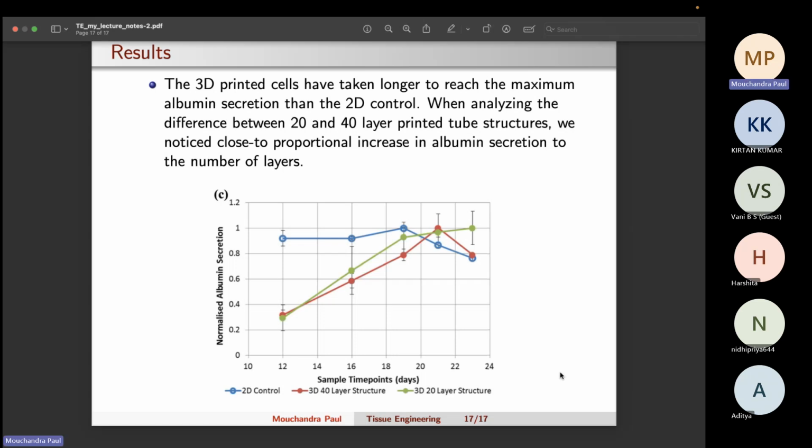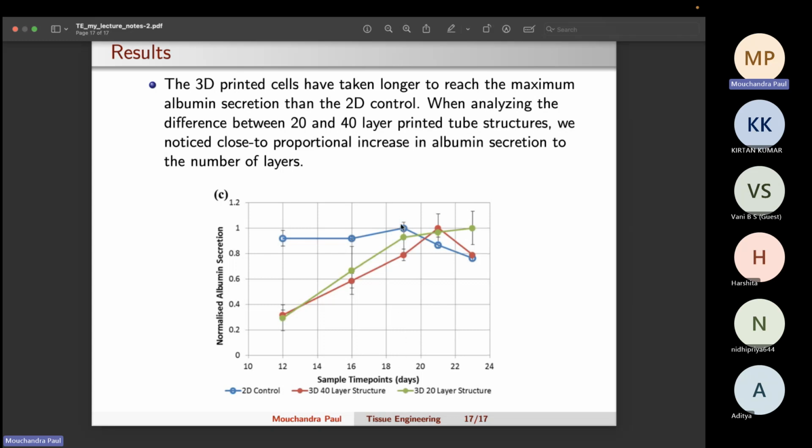The difference among these three types of sample is that in the 2D control, albumin secretion reached its peak level at a much earlier stage, at around 17, 18 days.